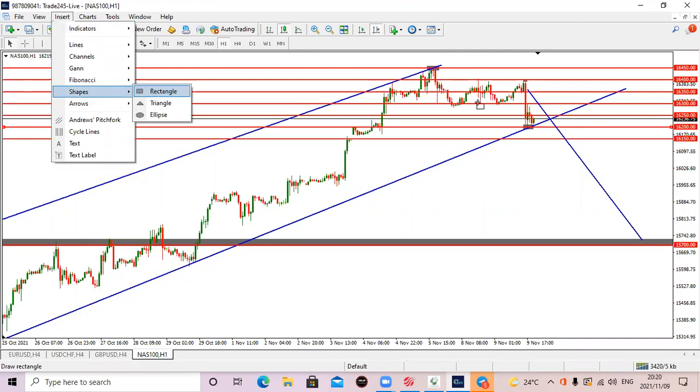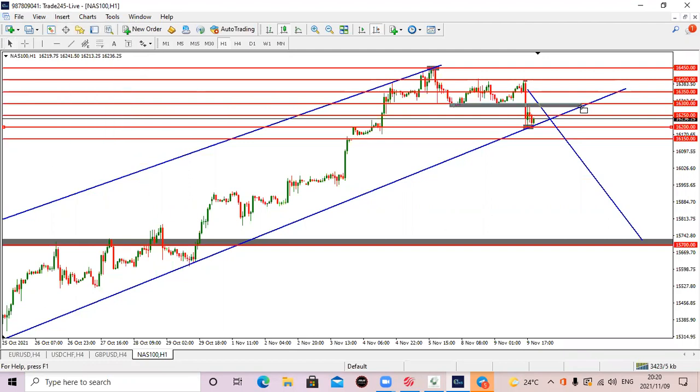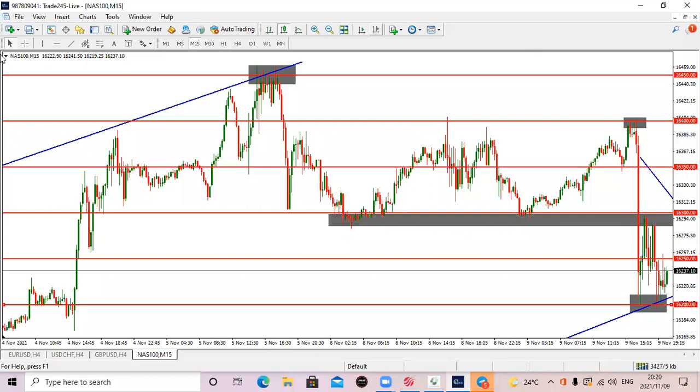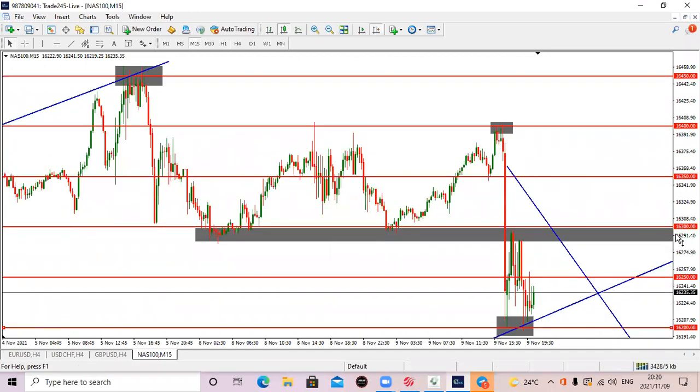So as long as we haven't broken this zone yet, we are not going up yet. So let's go into a smaller time frame and see what price that zone is. If we look at our chart on a smaller time frame, that zone is 163.